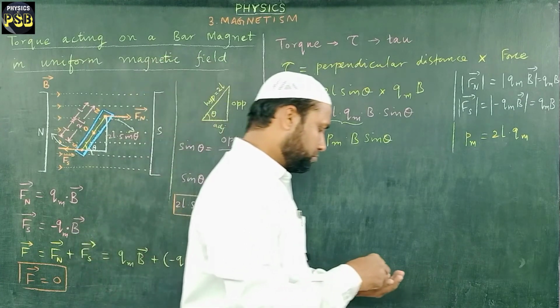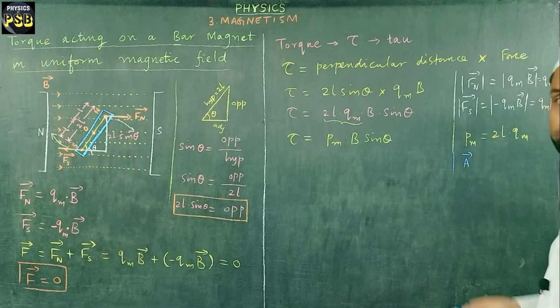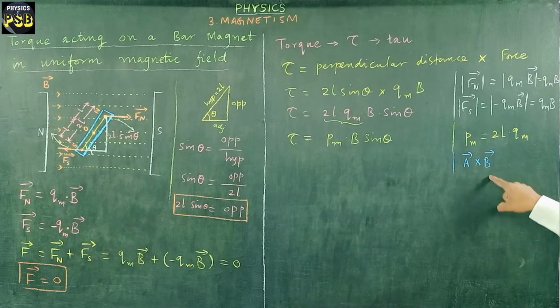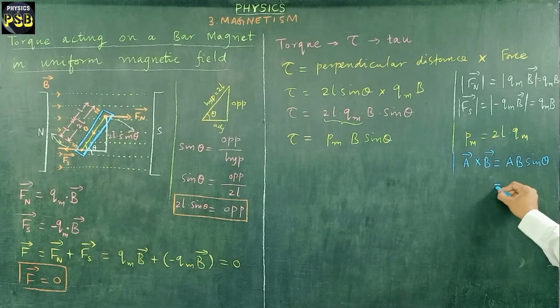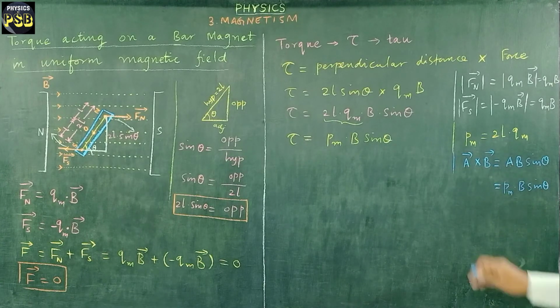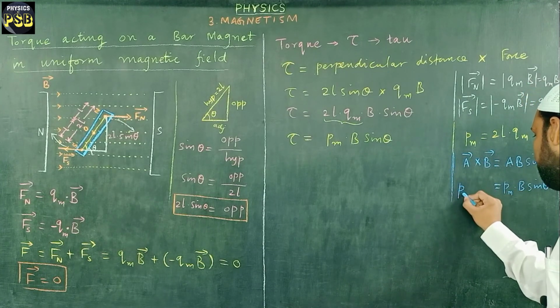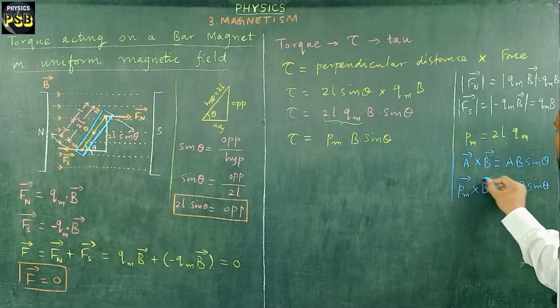Now we know if we have A vector in a cross product with B vector, then this can be written as AB sin theta. In our case, we have Pm B sin theta. This can be written by following this expression as Pm vector cross B vector.